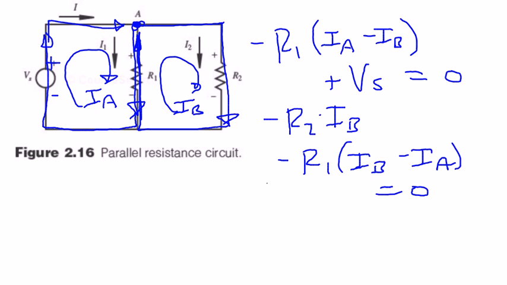If you're ever confused on which one should go first, IA or IB, a rule is if you encounter in the same equation another IA or another IB, if you did it right, they should be the same sign. For example, can you see here that this IB is going to be negative because of minus R2 IB, and the other IB is minus as well, because it's a minus R1 IB.